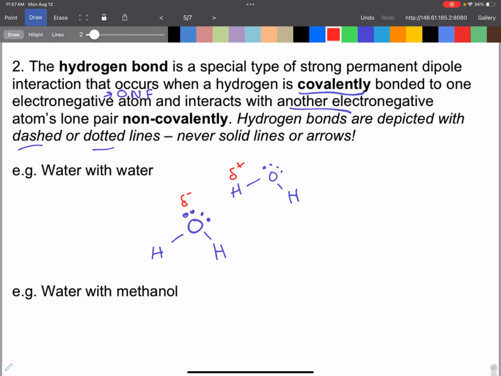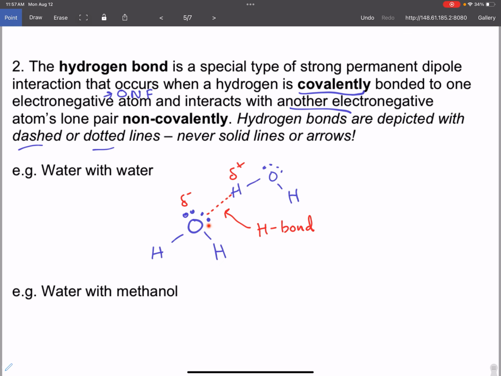So the hydrogen bond here would look like this. I'm going to choose to draw dashed lines here to indicate that. So what I've just drawn, that is the hydrogen bond, or the H bond, okay? Now, notice that one of the water molecules is involved using its lone pair, and the other water molecule is involved using the hydrogen.